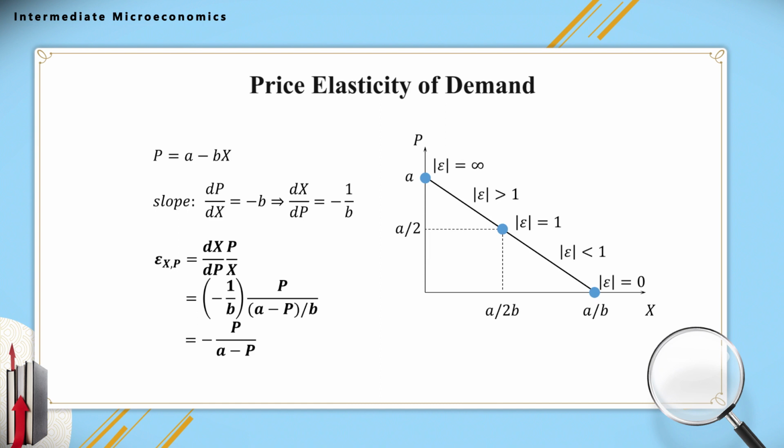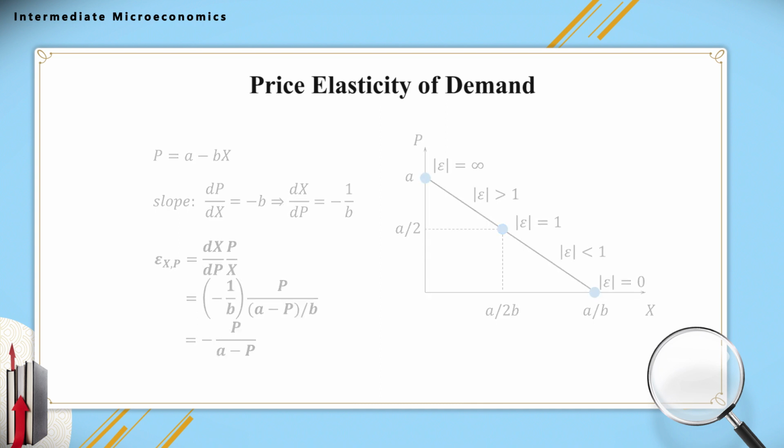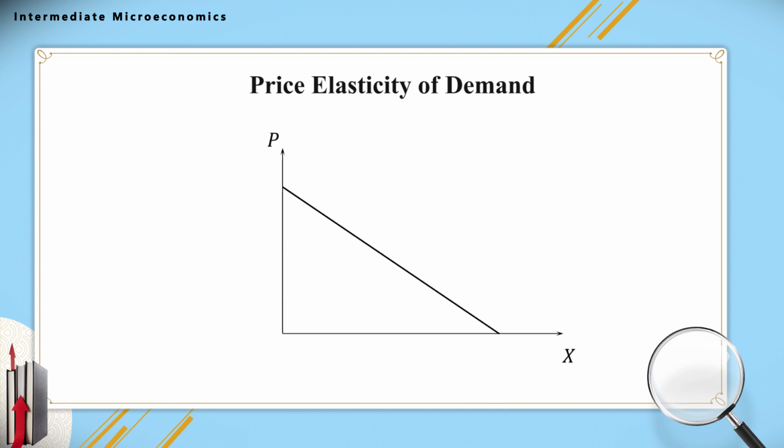That's because we measure the sensitivity by percentage change. On the upper left of the curve, the quantity demanded is small, so a unit of change in the quantity is a strong response. For example, when the quantity increases from 1 to 2, it doubles. That's a significant change.